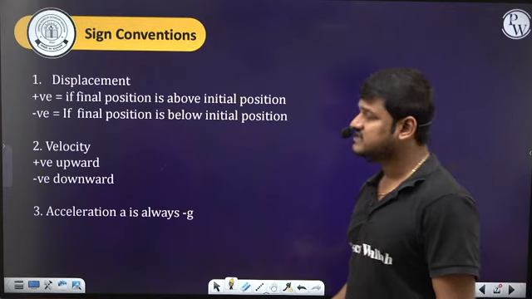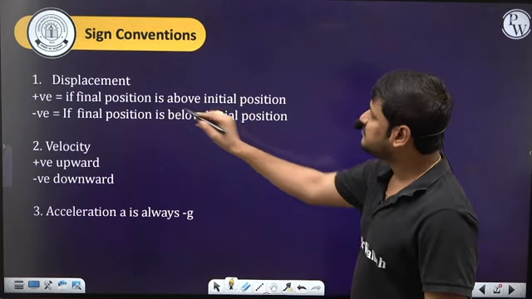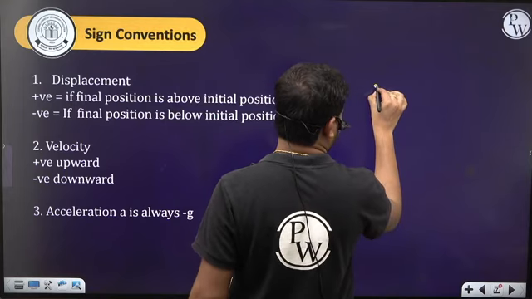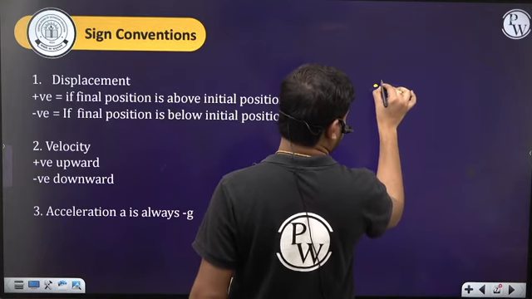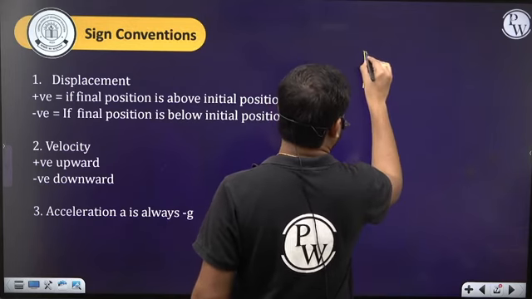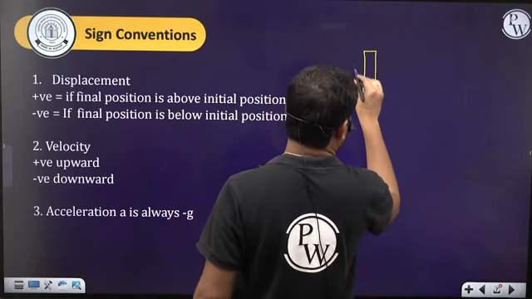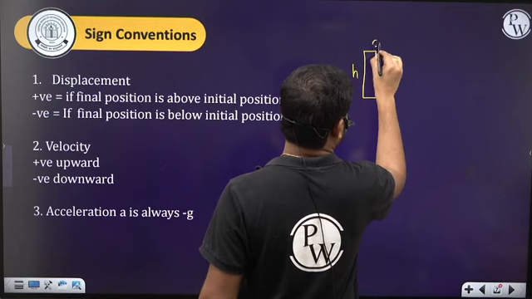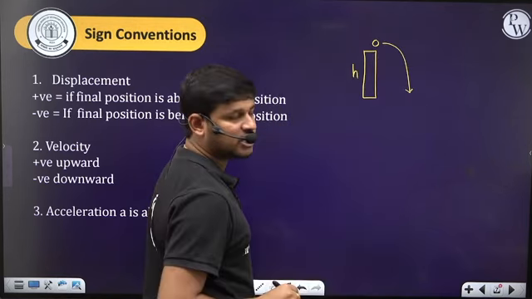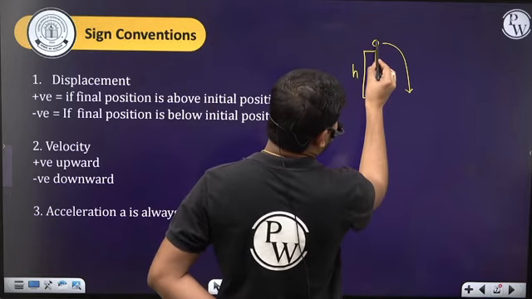For the sign conventions, whenever the displacement, for example, you have thrown a body from here, or a body is at some height, initially here, and finally it's dropped and fallen on the ground. This is the initial position, this is the final position.